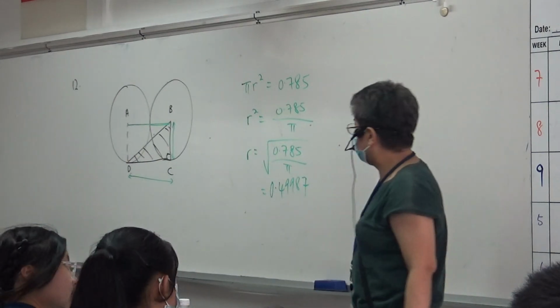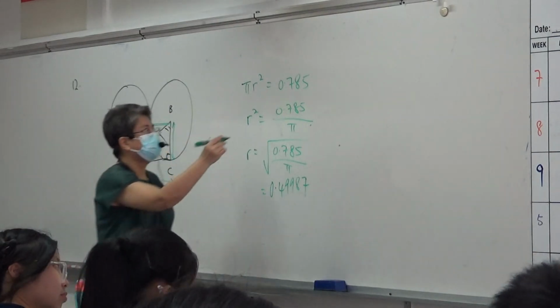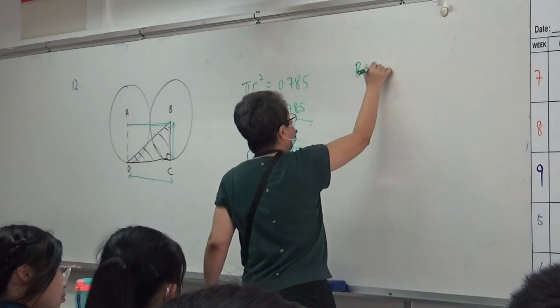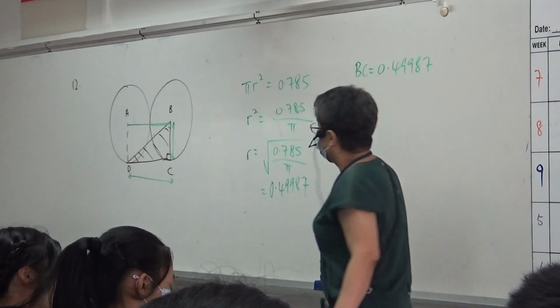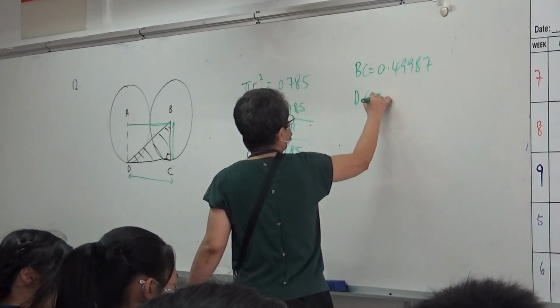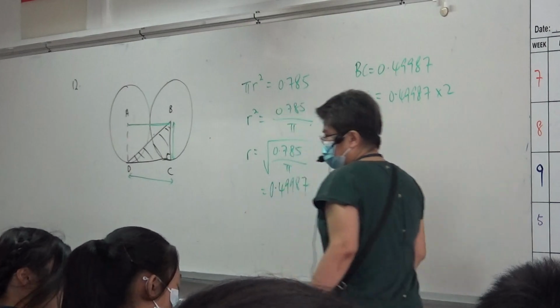Everybody to look here. What is the length of BC? 0.49987, right? What's the length of DC? Times 2. Okay, can you times 2 for me?